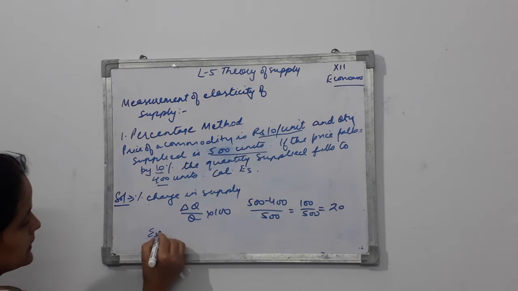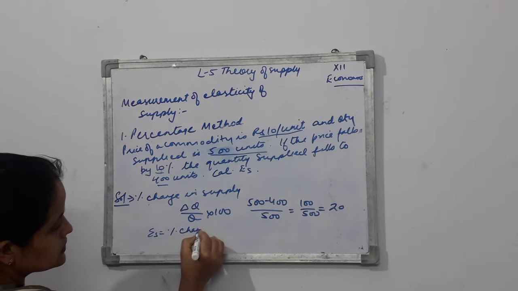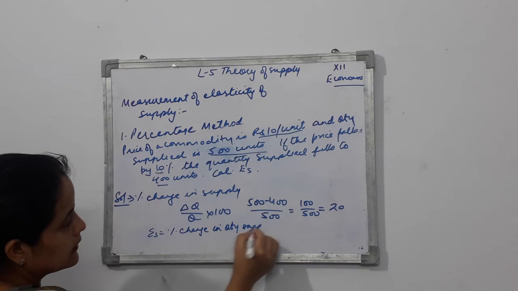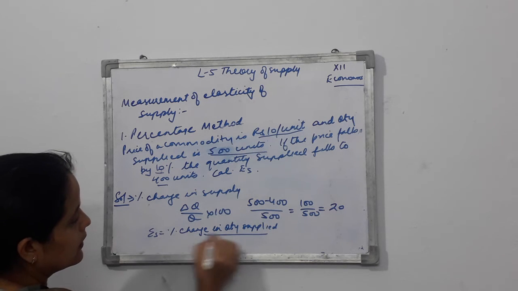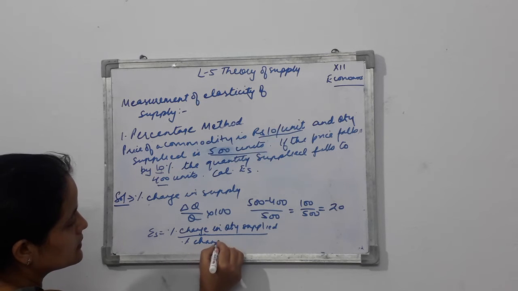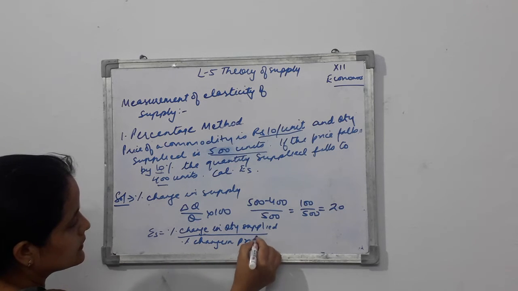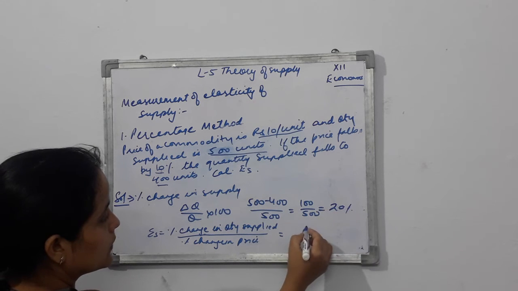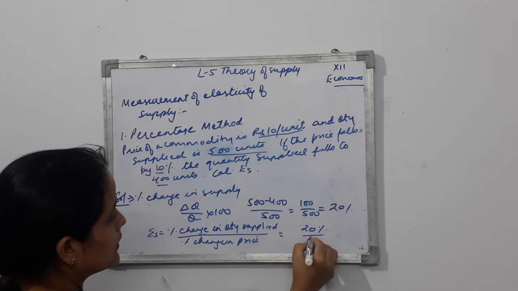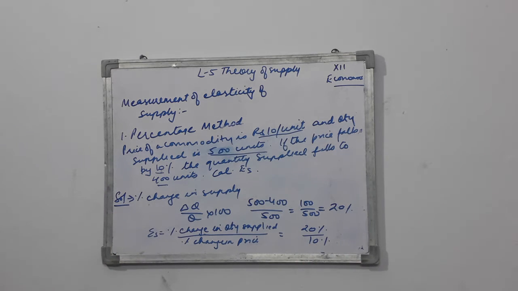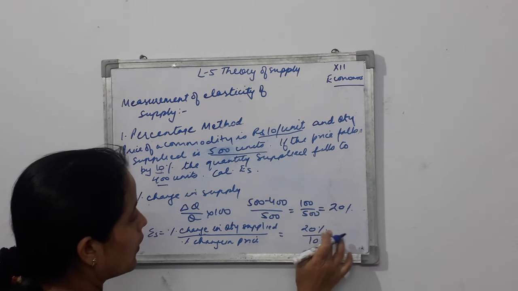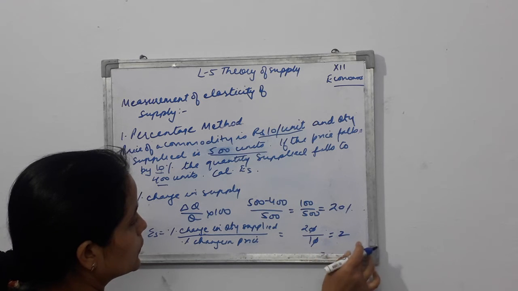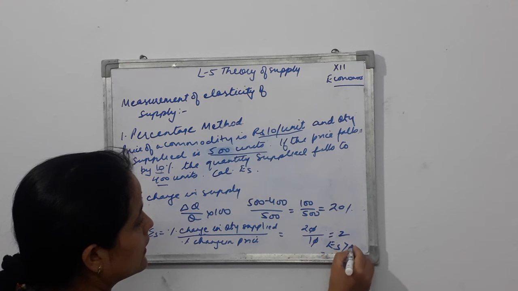So elasticity of supply is going to be percentage change in quantity supplied upon percentage change in price. The percentage change in quantity supplied is 20%. So 20% upon 10% gives you 2. So elasticity of supply is greater than 1.